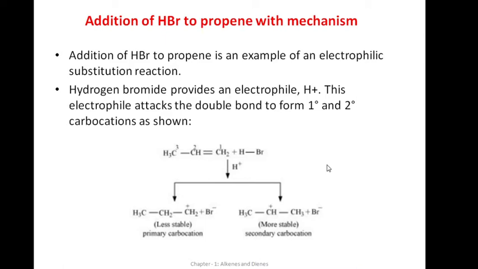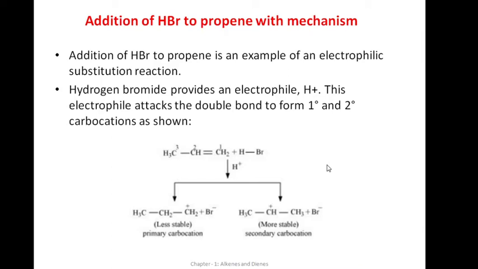So when an addition of electrophile occurs first, such reactions are called electrophilic addition reactions. If you have nucleophiles adding first, then they are called nucleophilic addition reactions. And if you have free radicals adding first, they are called free radical addition reactions.